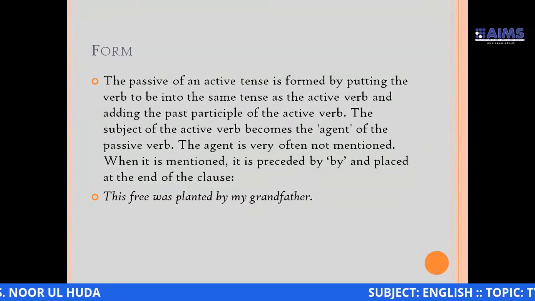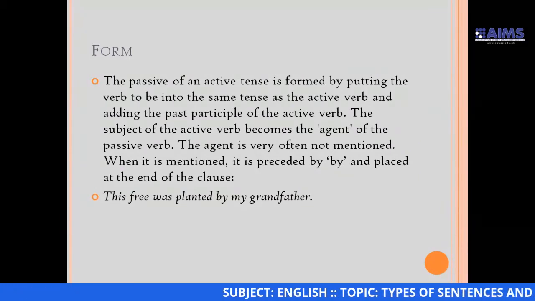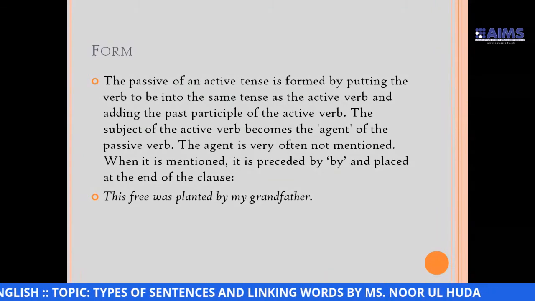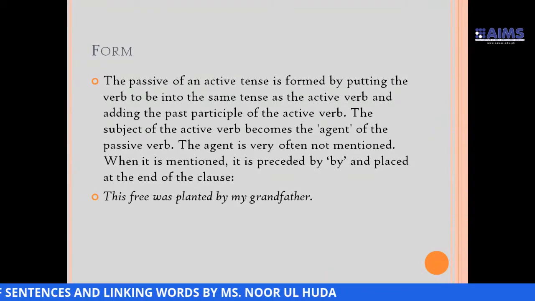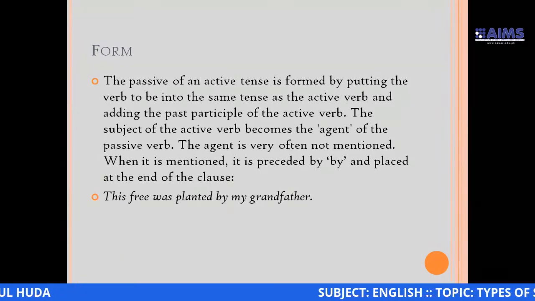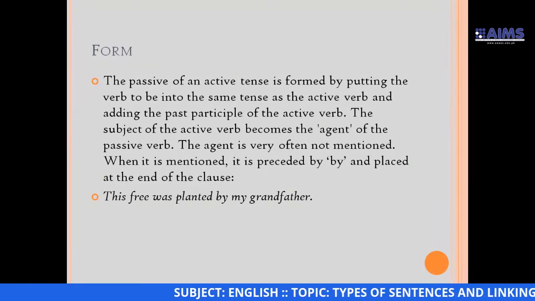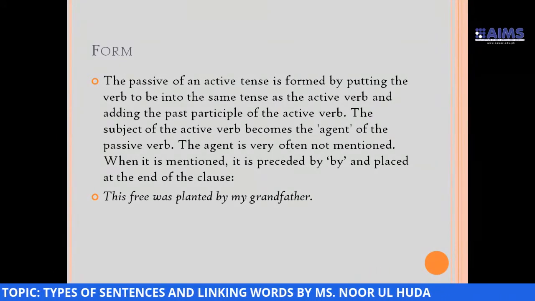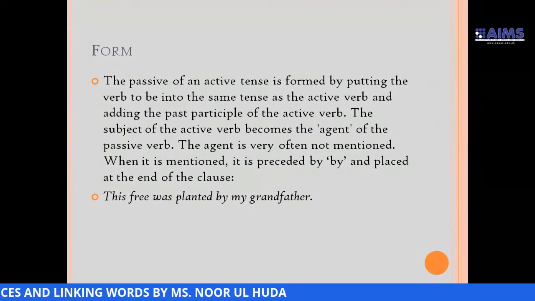So, what is the form? The passive of an active tense is formed by putting the verb to be into the same tense as the active verb and adding the past participle of the active verb. Means when we are making the passive sentence, the form of the sentence should remain the same.